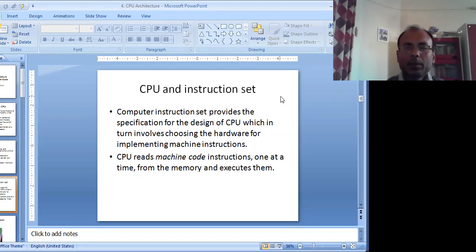Now, the CPU and instruction set. As I said, the CPU executes machine level or low level instructions, whose exact structure we will discuss later on.